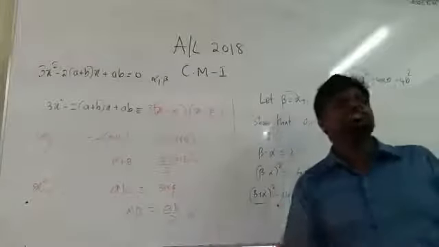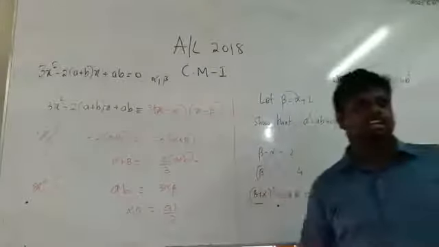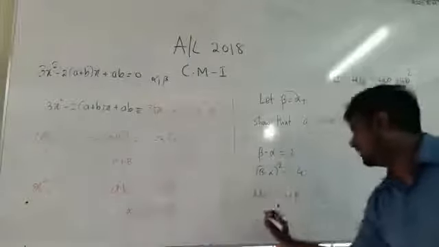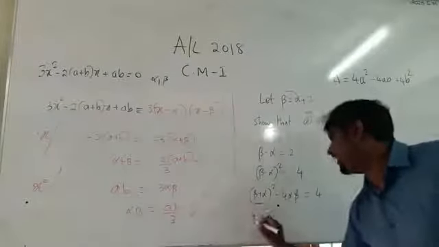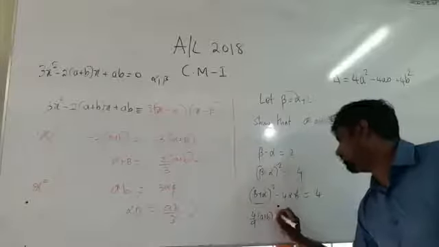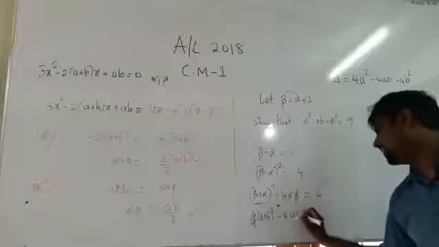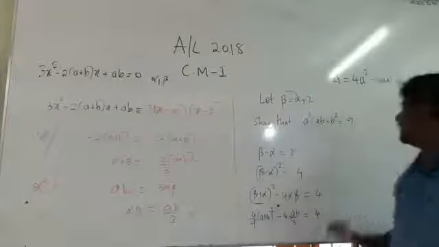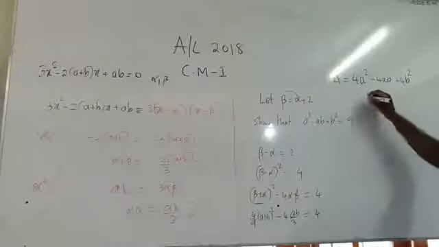You have to substitute and show it, because you didn't prove that alpha minus beta is related to delta. So I square this: (alpha plus beta) squared is 4 by 9 times (2a plus b) squared, minus 4 alpha beta, 4ab by 3, equals 4. The 4 will be cancelled.